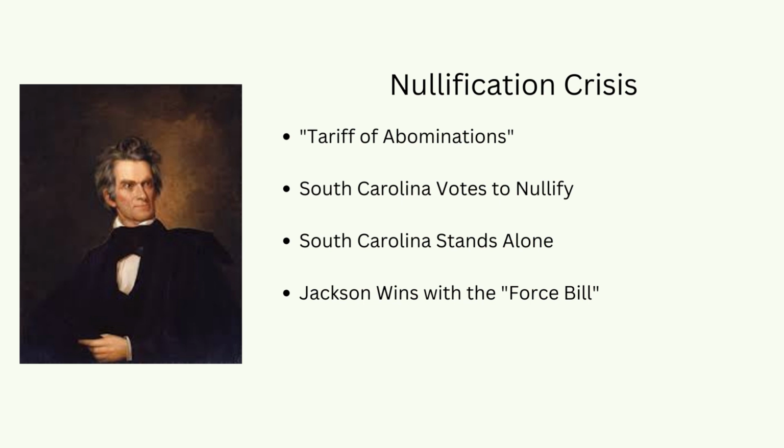So in the end, nothing happens as a result. No troops are marched to South Carolina. It's a dry run, though, of the Civil War, because we're going to see the exact same scenario play out after the election of Abraham Lincoln in 1860. But that's a little bit in the future at this point.